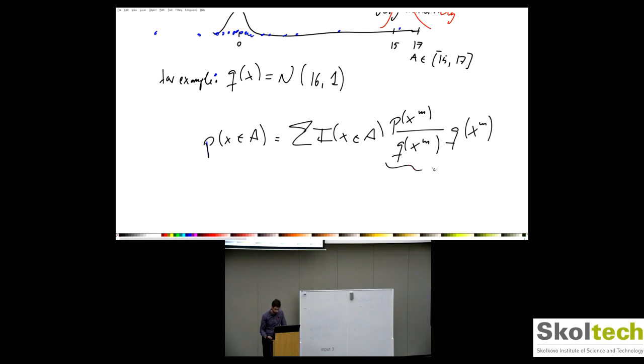Right? So, in this case, X_m has been drawn from the Q distribution. So remember, Q distribution is this. We are just counting how many times.